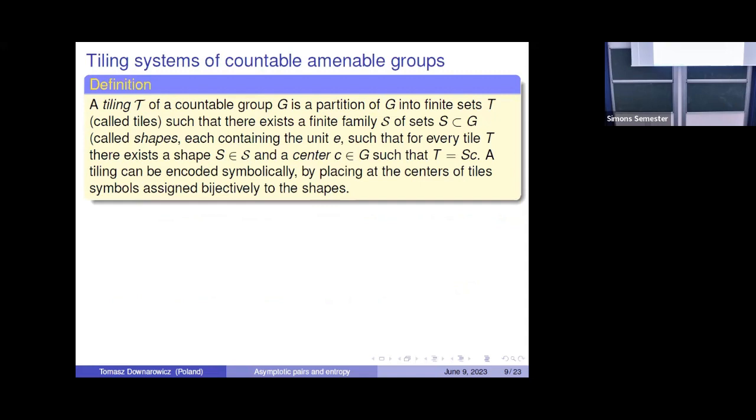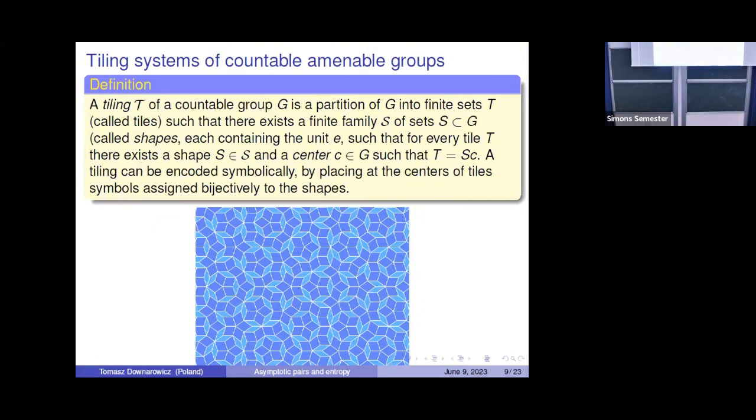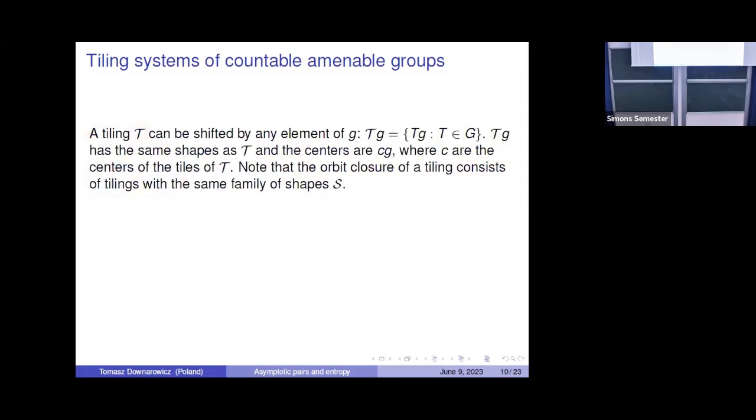And we require that all these sets are shifts of some finite family of sets, which we call shapes. So maybe everybody is familiar with this picture. Here we have how many shapes? 1, 2, 3, 4, 5, 6, 7, 8, 9, 10. Maybe a little more, I am not sure. But there is a finite family of shapes and everything here is covered. This is Penrose tiling, of course.